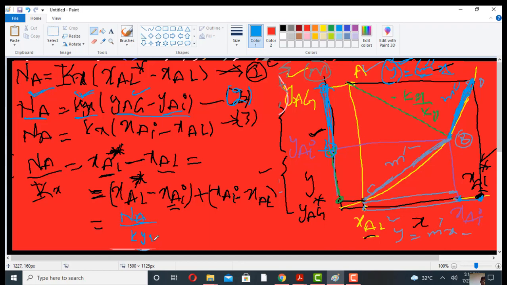So m double dash plus XAI minus XAL. Now from equation number 3, this XAI minus XAL is equal to NA divided by small kx, and again it is equal to NA divided by capital KX.